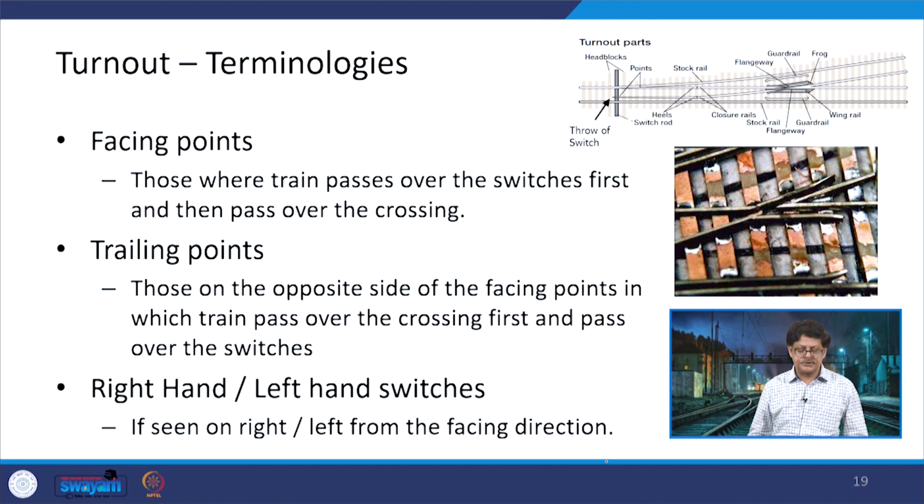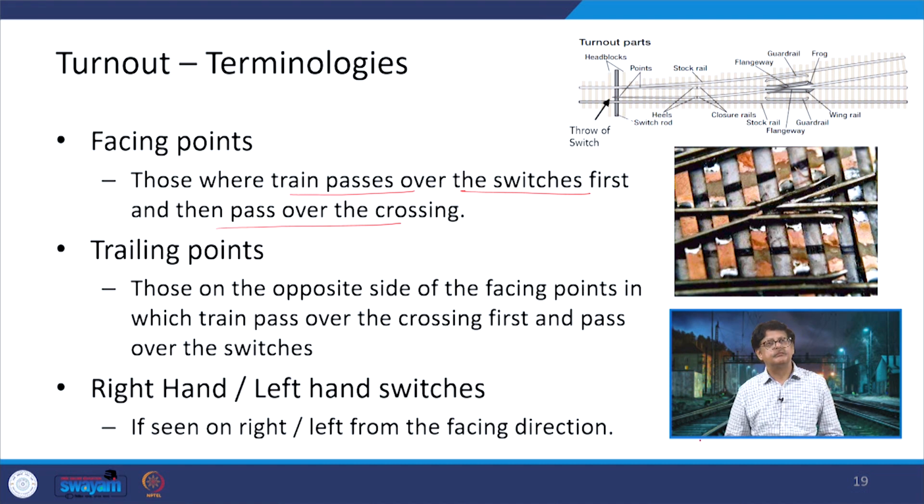Now, facing points: those where the train passes over the switches first and then passes over the crossing. So, the switch panel is on this side and the crossing panel is provided here. When the train comes on this side and passes on the points or the switches first and then goes over the crossing, this is a facing point.